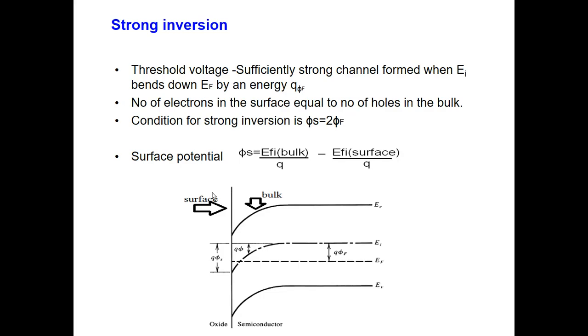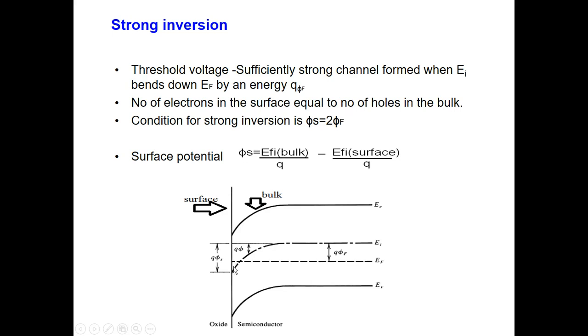Next we can see what strong inversion is. If we increase the gate voltage more and more, a sufficiently strong channel will be formed. That means when we apply a voltage greater than the threshold voltage, the channel will form. If we increase the gate voltage again and again, the channel strength will increase, and at a particular point Ei bends down by an energy level Q phi F below EF.